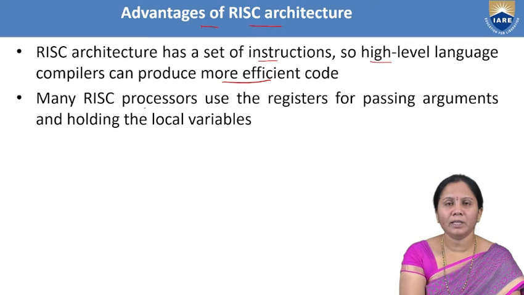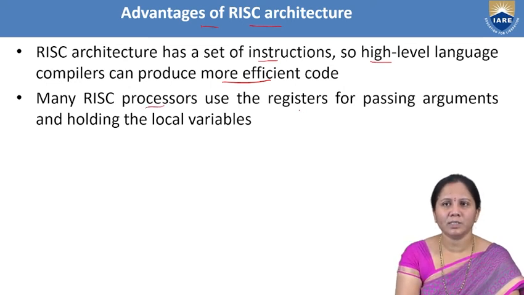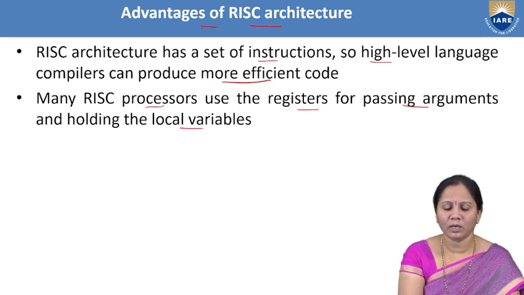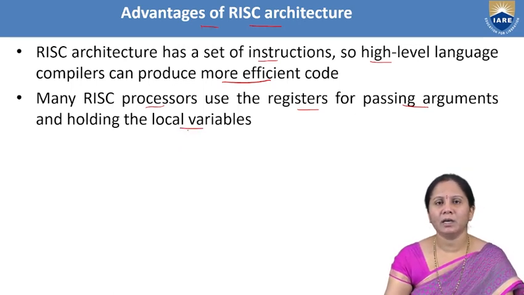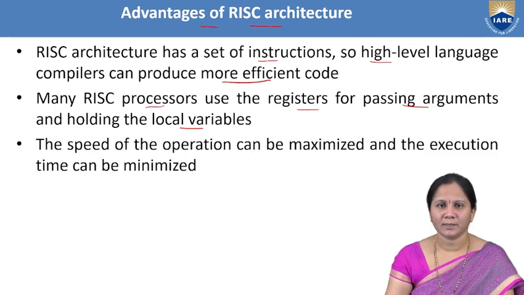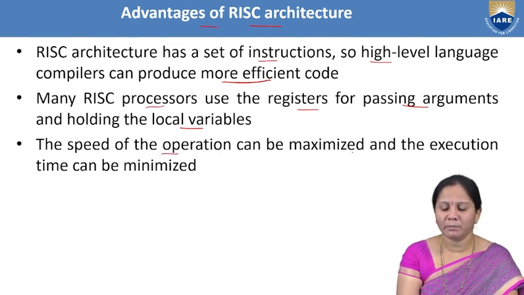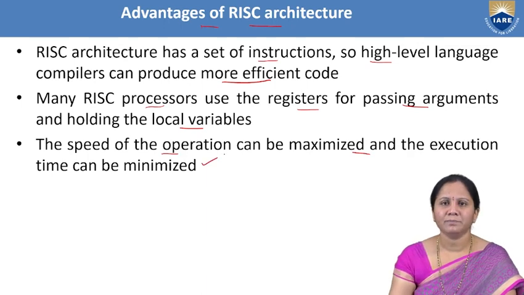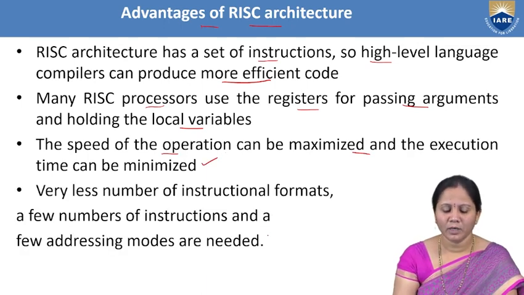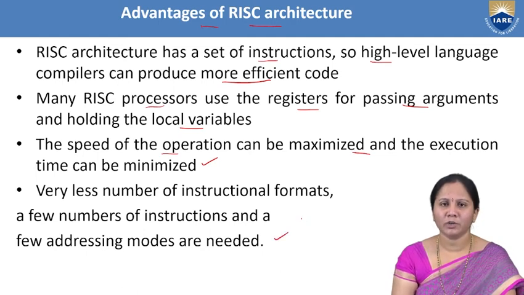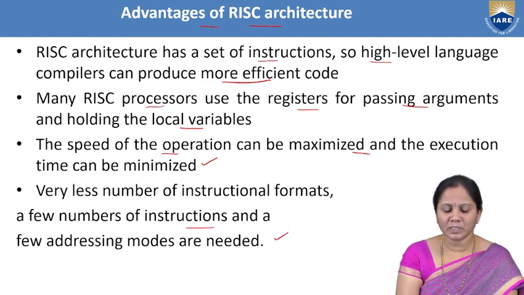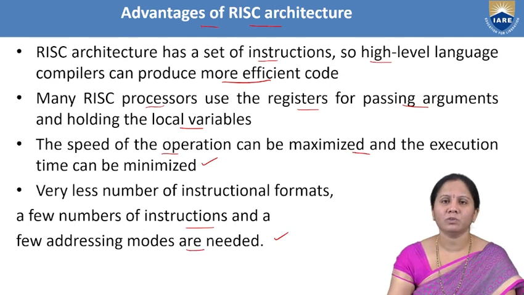Another advantage is that many RISC processors use registers for passing arguments and holding local variables, because RISC processors have a larger number of general purpose registers. Because of that, the speed of operation can be maximized and the execution time can be minimized. And very few instruction formats, a few instructions and a few addressing modes are needed.